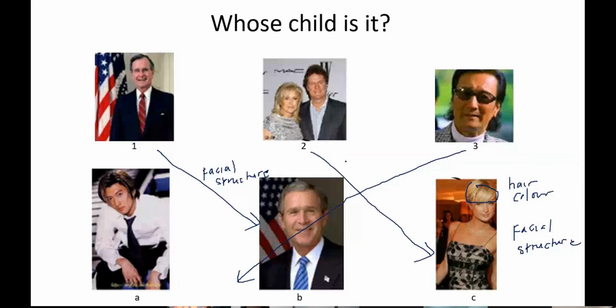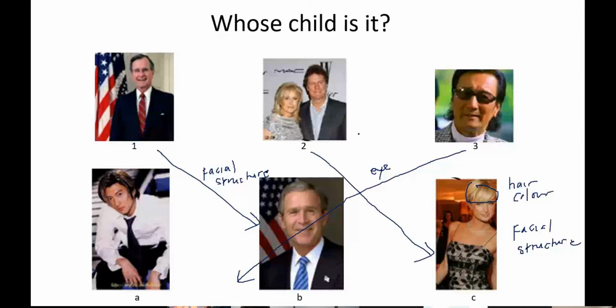3 and A look different. The hair is different. How about the eyes? I cannot see number 3's eye, miss. Actually, the eye is single. Yeah, it's the same eyes. Hair color, facial structure, also known as the characteristic.